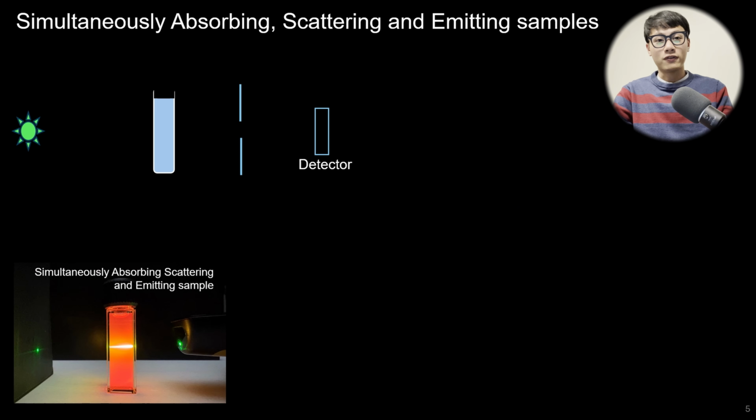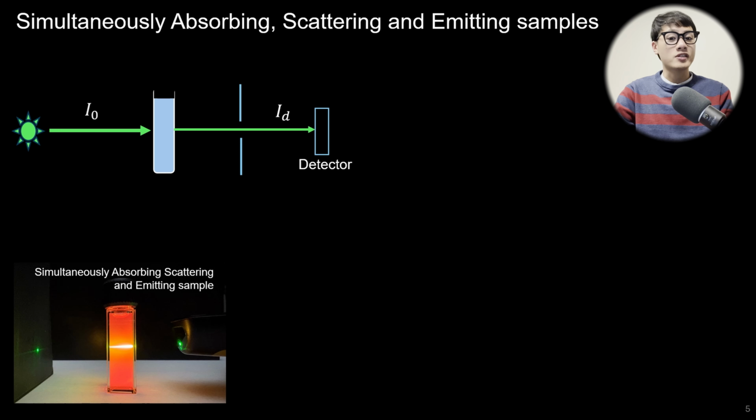Now we're heading to the final case. In this one, your sample simultaneously absorbs, scatters, and also emits some light. Some of the incident photons are absorbed and converted into heat. Some of them are scattered in all directions, and some of them are emitted as fluorescence.